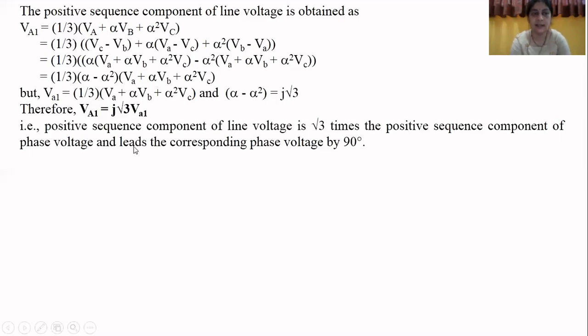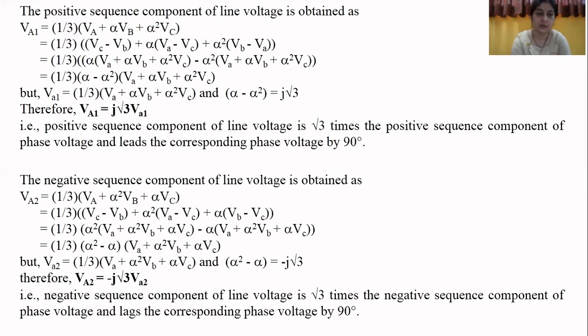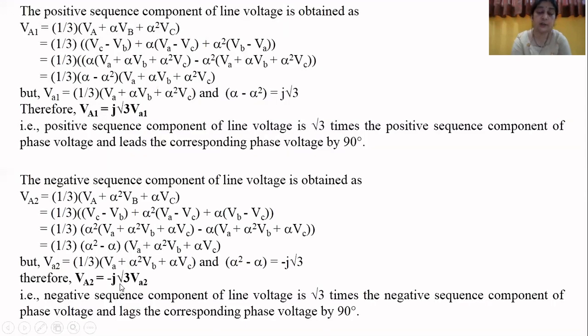Similarly, the analysis can be extended to the negative sequence components wherein we get VA2 to be equal to minus j root 3 times of small va2, which indicates that the negative sequence component of the line voltage is root 3 times the negative sequence component of the corresponding phase voltage and lags it by 90 degrees.